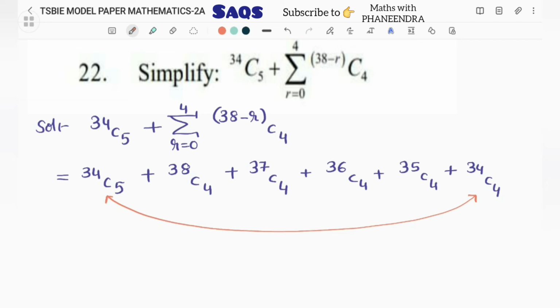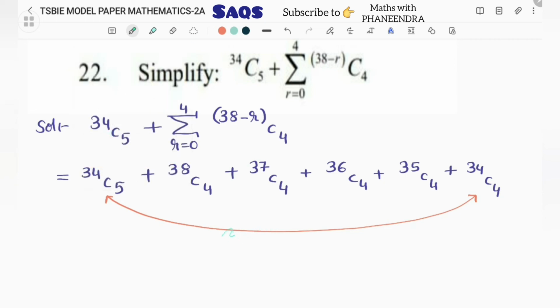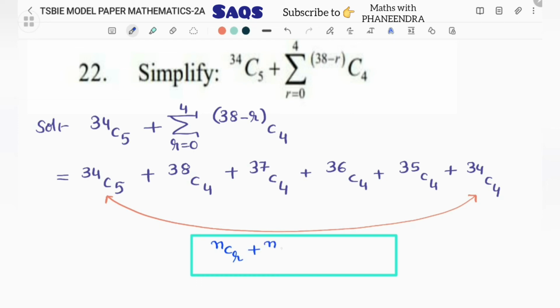The combination result that I am going to write here: nCr plus nC(r minus 1) is equal to (n plus 1)Cr.